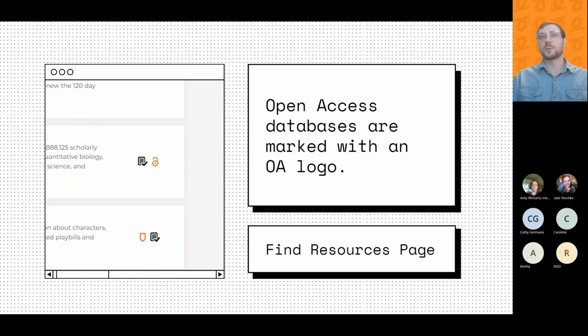Now those databases will be marked with certain logos. And one of those logos is the open access logo. So it looks like a little orange lock that's been unlocked. So if you see that icon, then it's an open access journal, or the resource contains open access material. It's also worth mentioning that AU Press publish books and journals under open licenses.